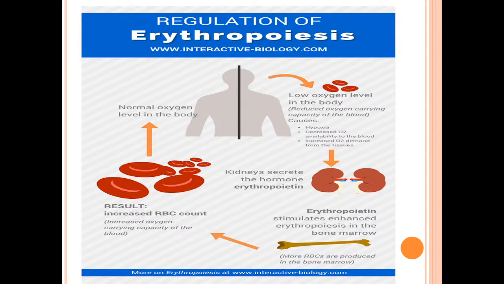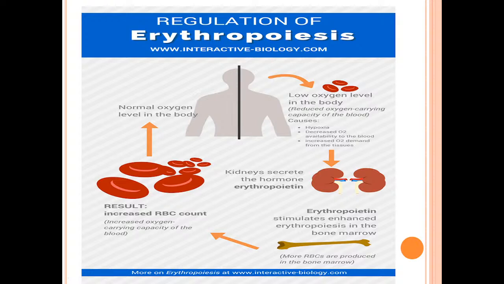In this slide you see regulation of erythropoiesis. You see what happens. First of all, we see a person. If something happens and we see a low oxygen level in the body, reduced oxygen carrying capacity of the blood, caused by hypoxia, decreased oxygen availability to the blood, or increased oxygen demand from the tissue.